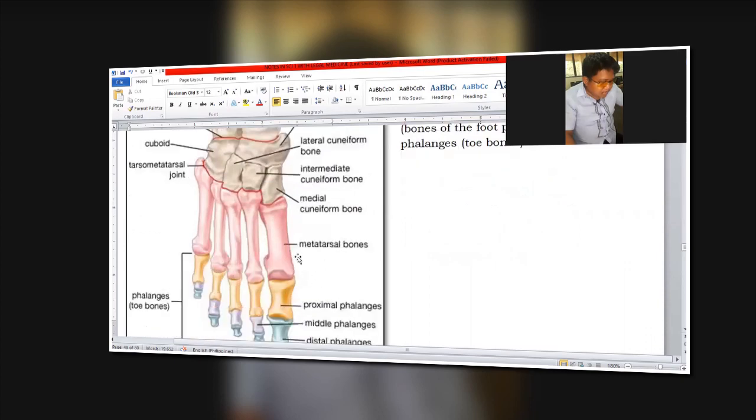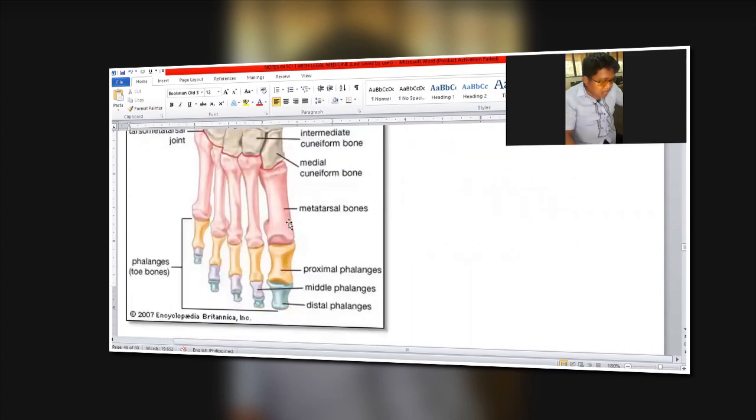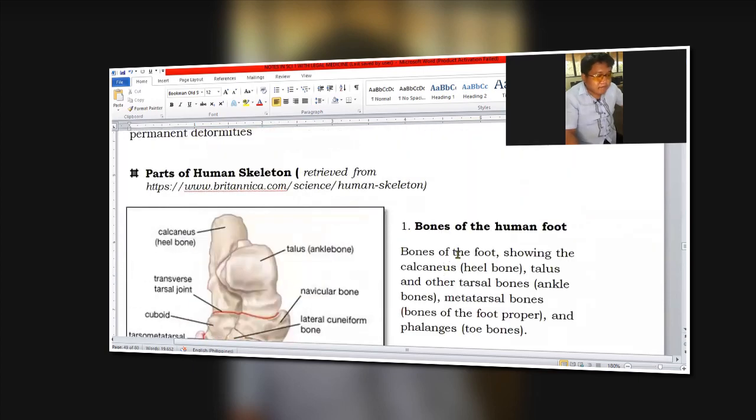Near the toes are the metatarsals. The toes are called phalanges, toe bones: proximal phalanges, middle phalanges, and distal phalanges, the farthest one. So that is the bones of the human foot.